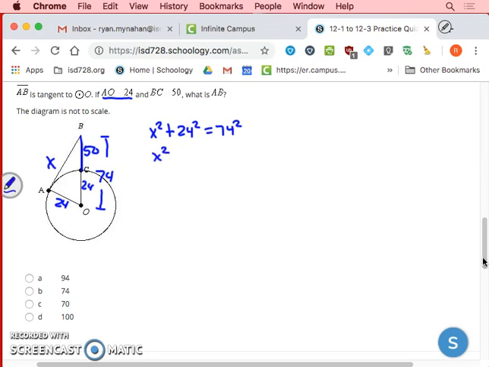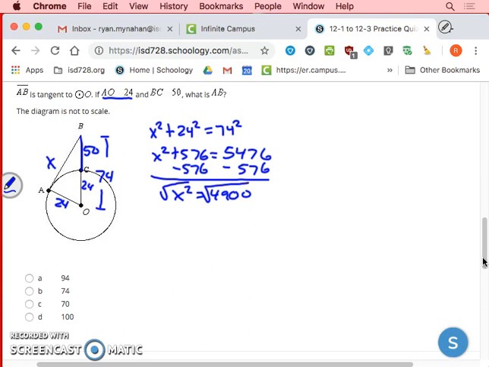X squared plus 576 equal to 5476. We're going to subtract 576 from both sides. We have x squared equal to 4900 and the square root of 4900 giving us 70. X is 70. So we would choose 70 in our options. This time it's C for me.